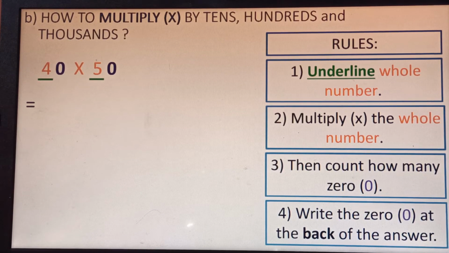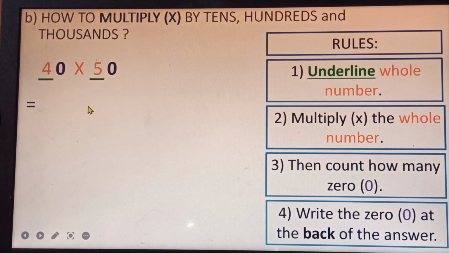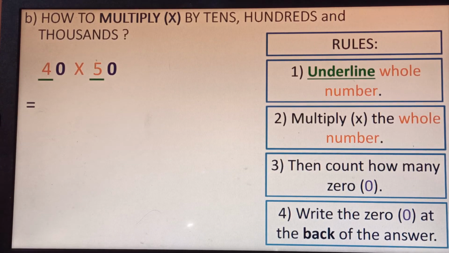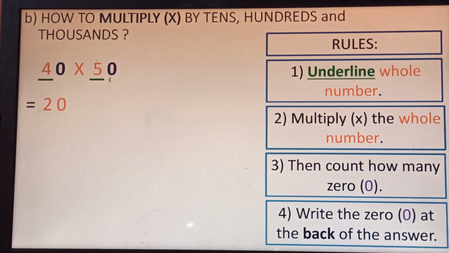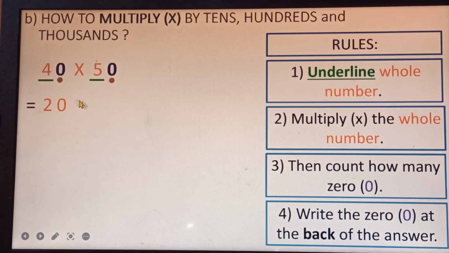Okay. So let's multiply 4 times 5 equal. Ni tadi mesti multiply ni. Ikut cari tables, cari jawapannya. The answer is 20, isn't it? 4 times 5 equal 20, isn't it? Next, count how many 0. Okay. How many 0 do you see? Yes, there are 2 0, 1, and di sini 2 zeros.